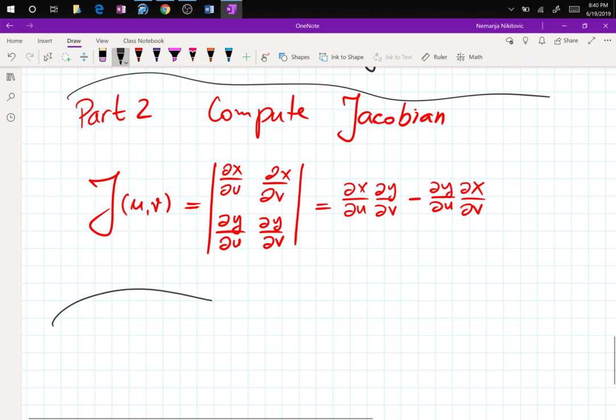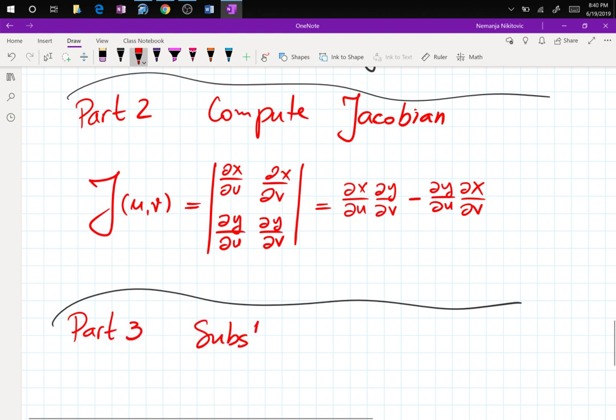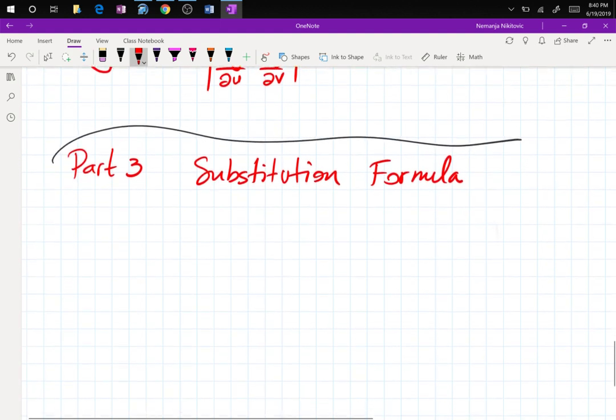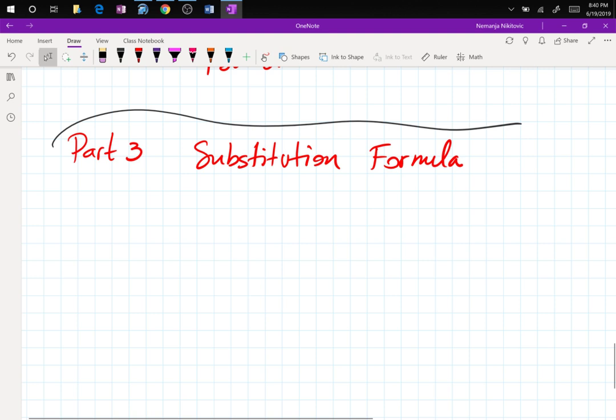And finally, part 3, substitution formula. You transformed the region, you found the Jacobian, you can finally compile the two-dimensional change of variables. So substitution formula 2D, you can also put R2, whatever you like better.